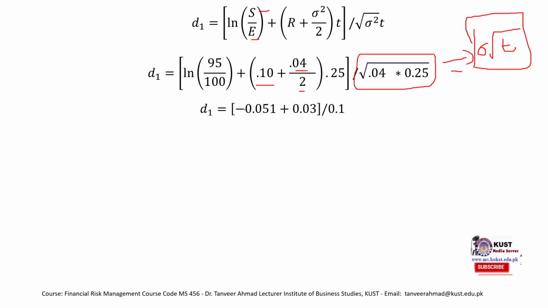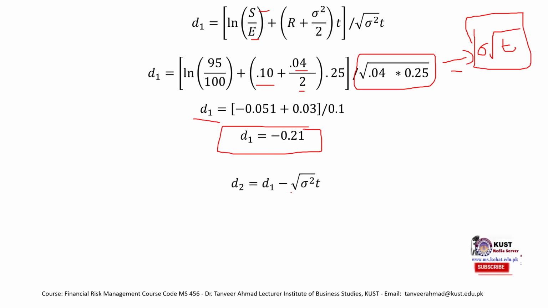Okay, so let's simplify this. It would give us the value of D1 as minus 0.21. So we cannot interpret this D1 value, right? For now, the value is minus 0.21, and we would further look into this.